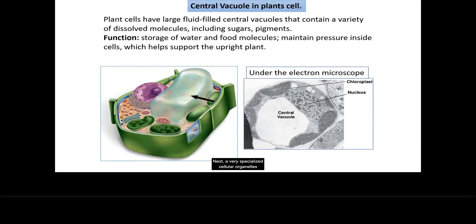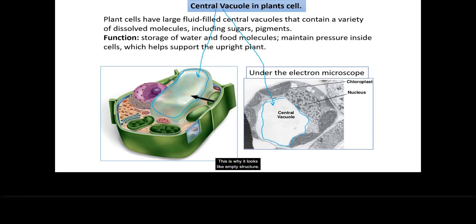Next, another very specialized cellular organelle for the plant cells. This is a usually very large structure, which is bound with membrane. This cellular organelle in the plants is called the central vacuole. Here we can see it under the electron microscope.